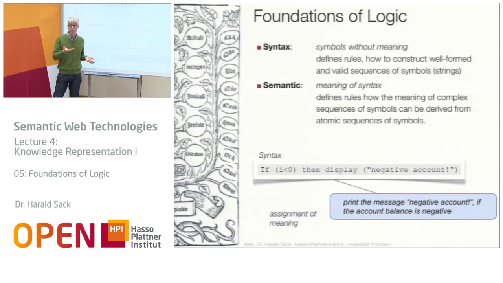Here, for example, if i is smaller than 0, then display negative account. So it means this simple statement in a programming language means print the message negative account if the account balance is negative. So this is the assignment of meaning. But we will see that there are different types of semantics.